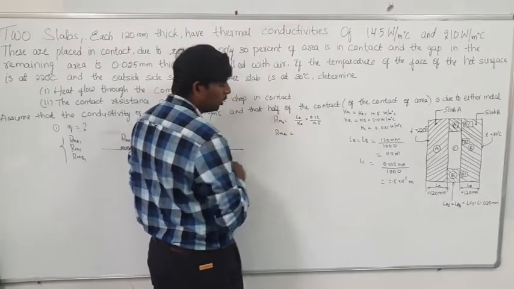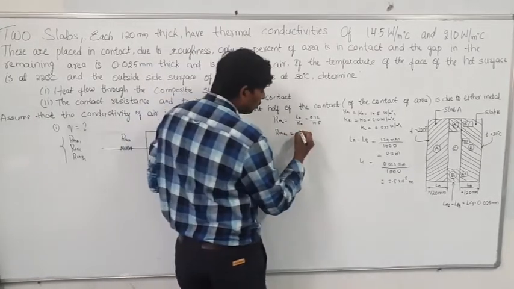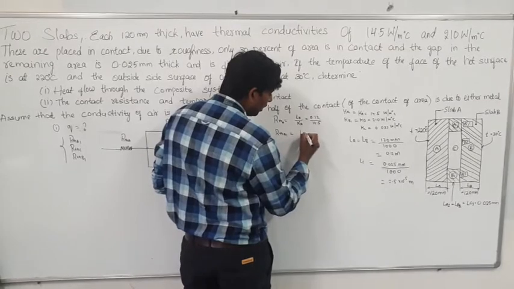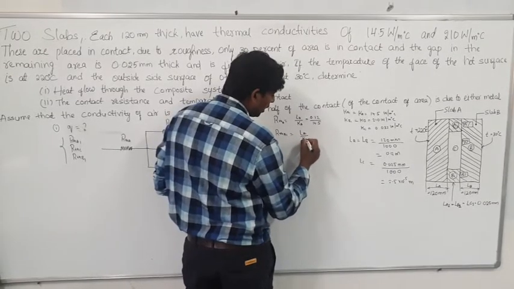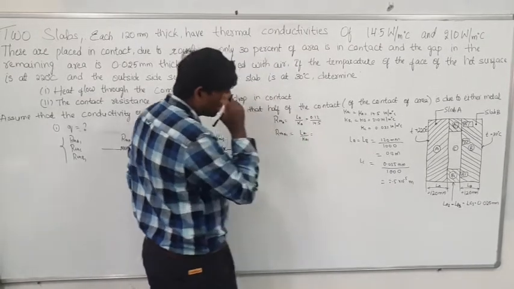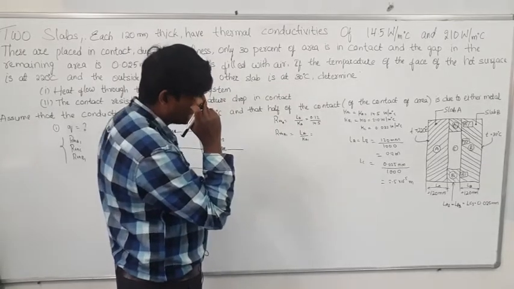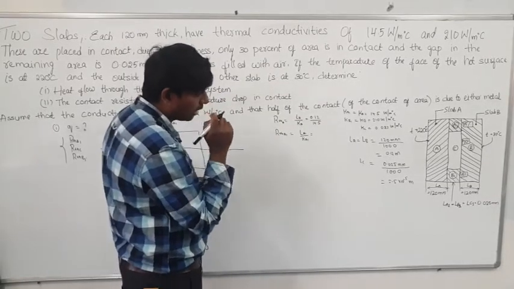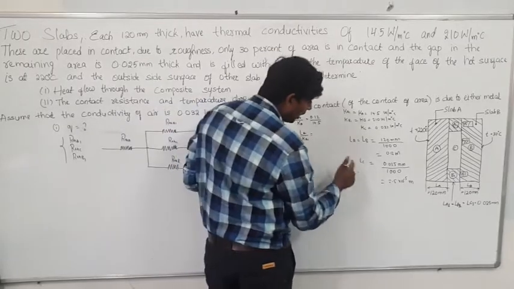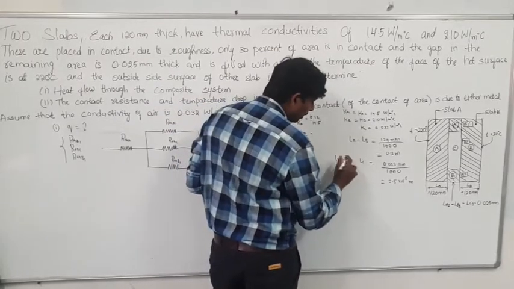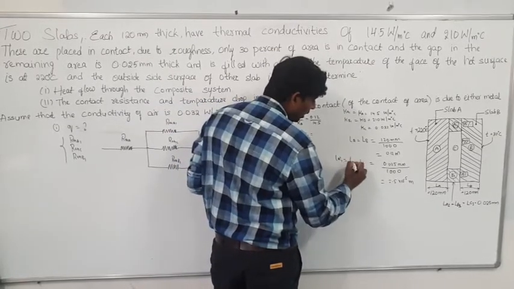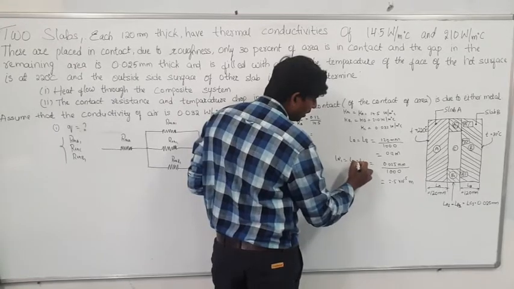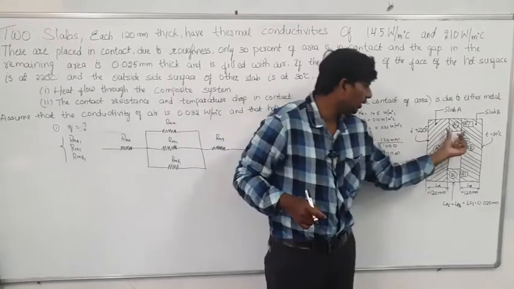Next you have to find RthA1. For this, LA1 by KA1. LA1, LB1 and LC all have the same length.